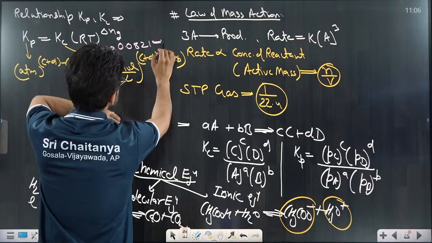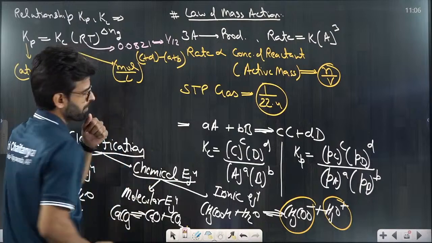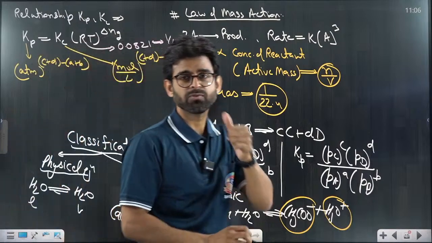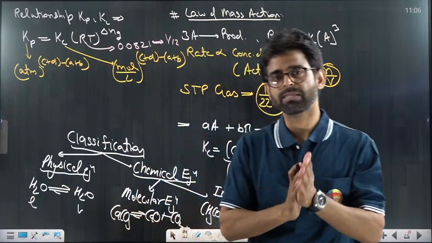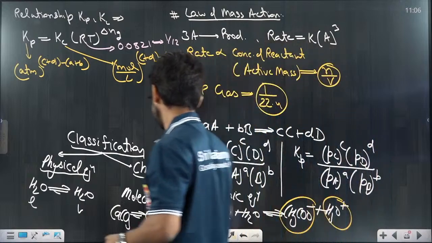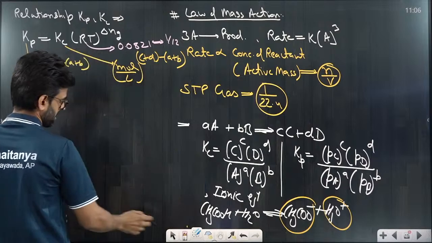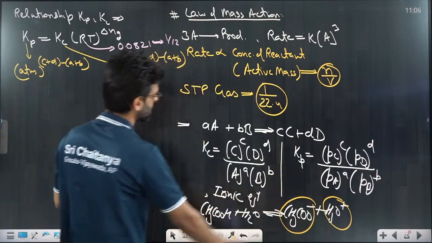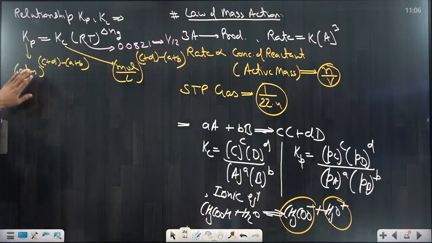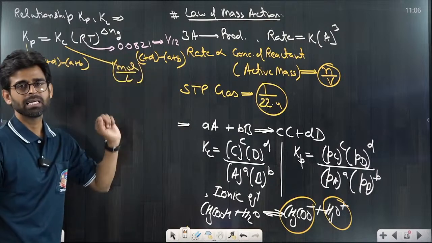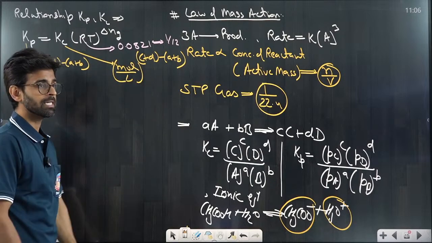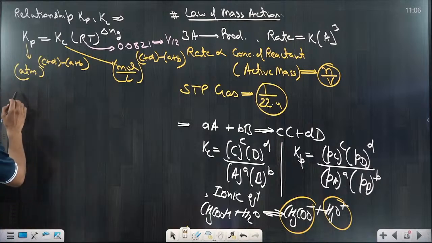To make it a little simpler, you can use 1 by 12 to save some of your time. Don't use 25 by 3 here. Actually, it depends on units. If they don't mention, it is understood by default that it is atm and mole per liter. So use it accordingly. Like a small question I am asking, which comes many times.